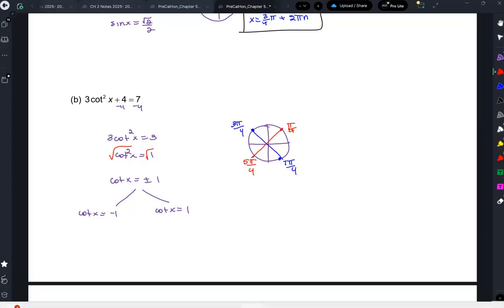plus pi. However, in the middle of these two is a 90-degree angle. So now if I zoom out and I look at all of the solutions, to go from one solution to the other solution, it's 90 degrees. Then to go to the third one, it's another 90 degrees, another 90 degrees.